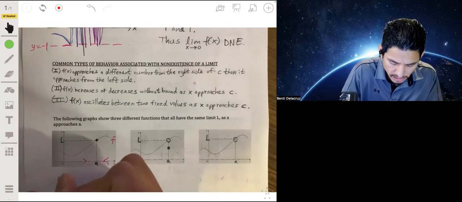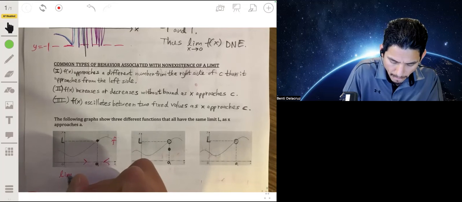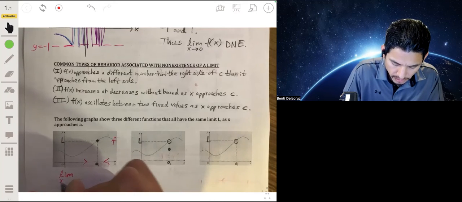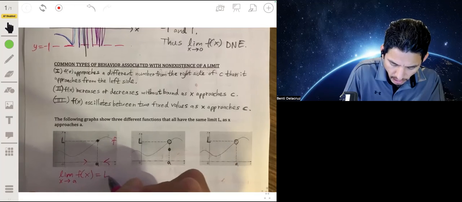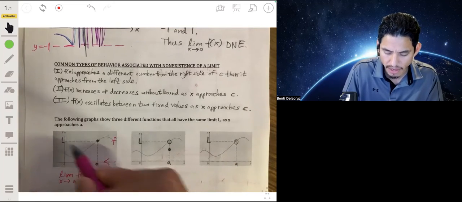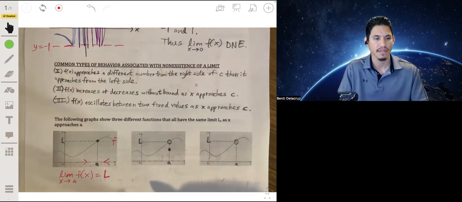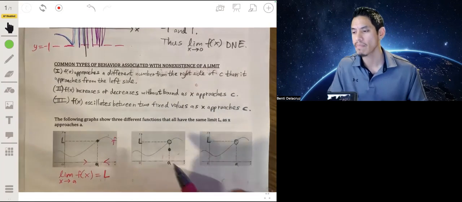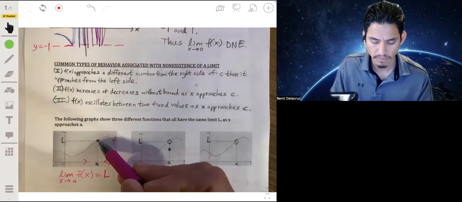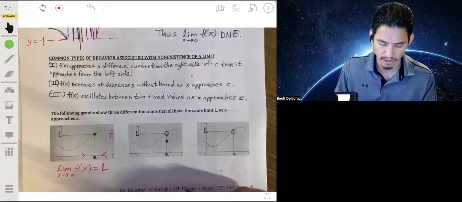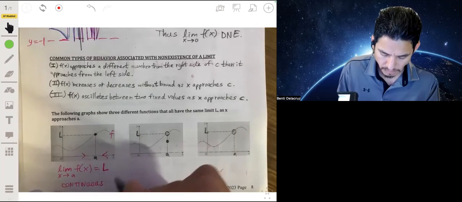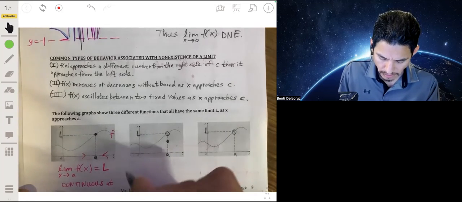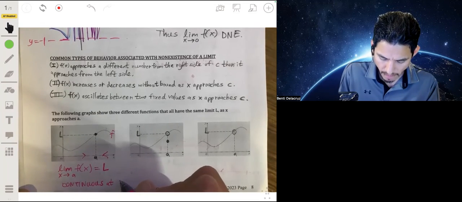So we say the limit as x approaches A of f of x is equal to L. L represents that y value, whatever that y value is. This is probably the most basic case that you know. So this is continuous at A.